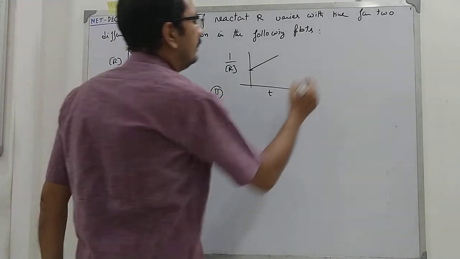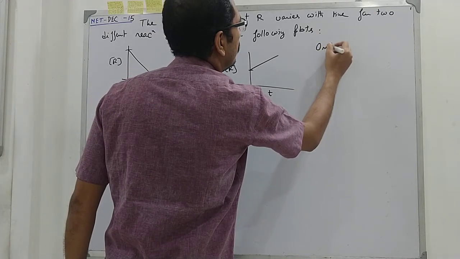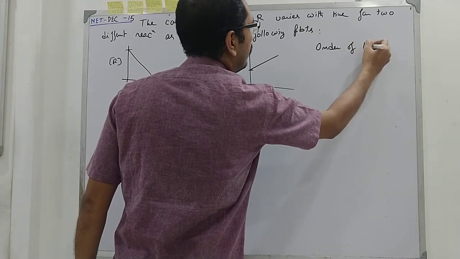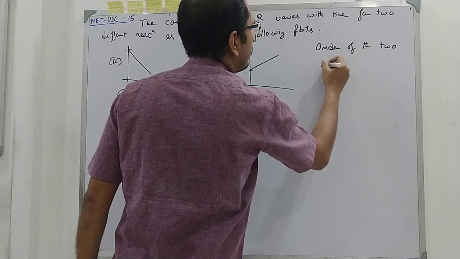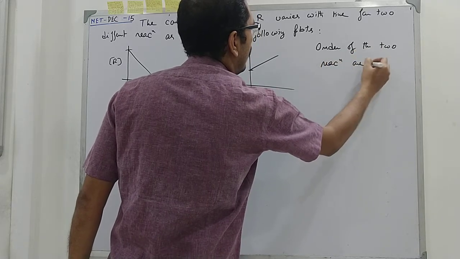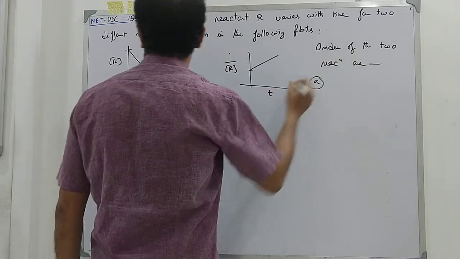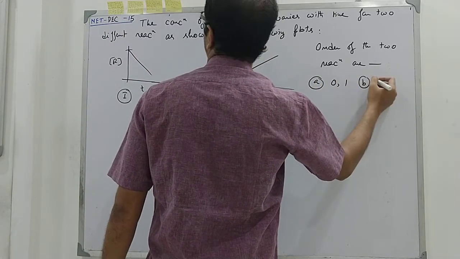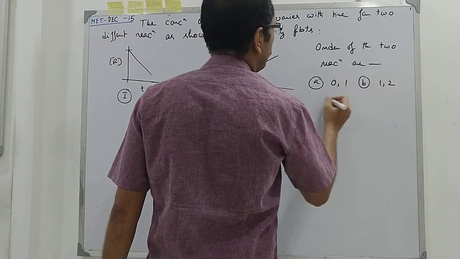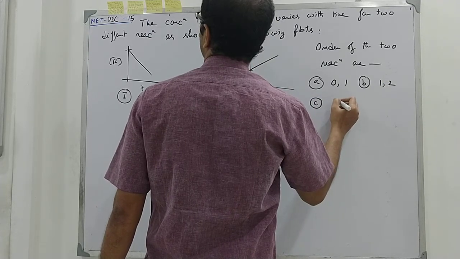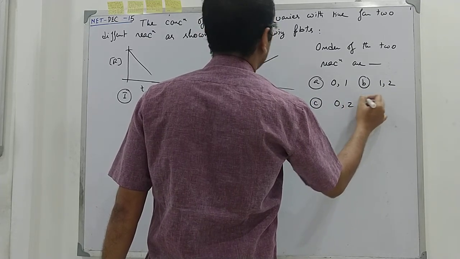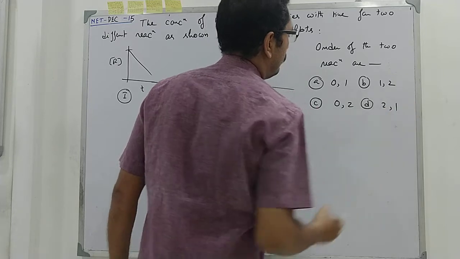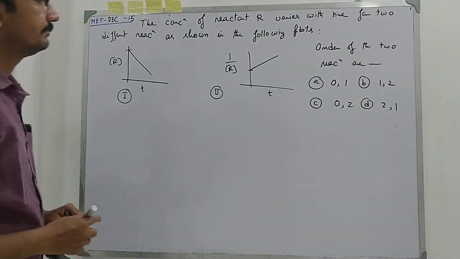Now the orders of the two reactions are: option A, 0, 1; option B, 1, 2; option C, 0, 2; option D, 2, 1.